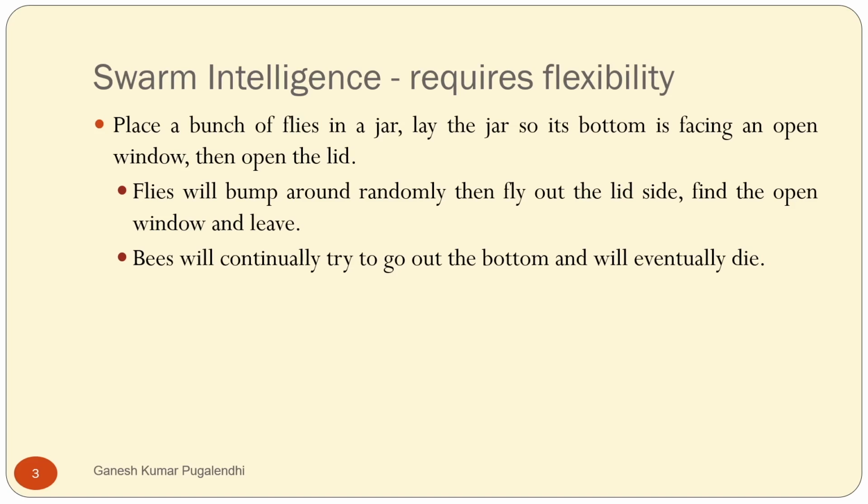Say, for example, if we place a bunch of flies in a jar, lay the jar so its bottom is facing an open window, then open the lid. Flies will bump around randomly, then fly out the lid, find the open window and leave. Bees will continually try to go out the bottom and will eventually die.